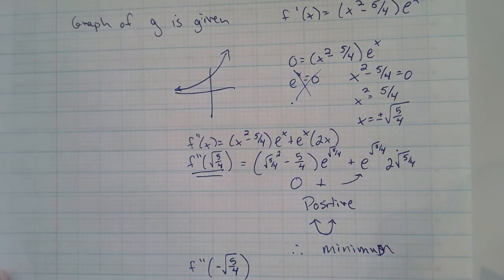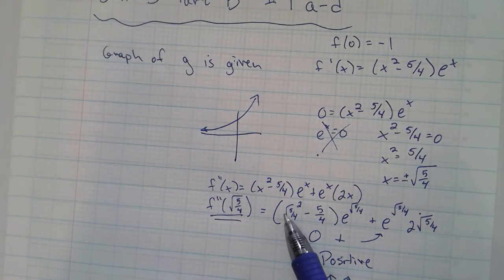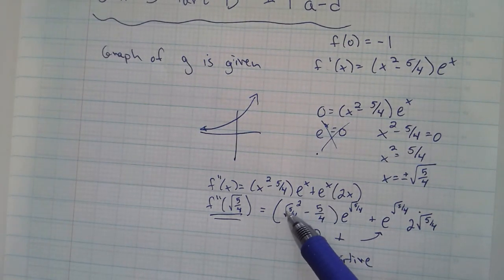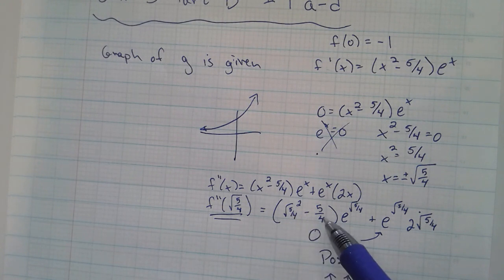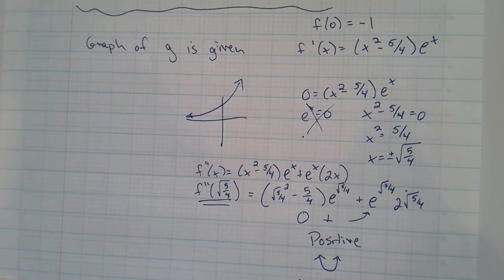All right, so f double prime of the negative square root of 5/4. Second derivative test there. Plug it in. If you plug in negative square root of 5/4 quantity squared, that's going to give you 5/4, so this whole part is going to be 0 again. Plus e to the negative square root of 5/4 times 2 times the negative square root of 5/4.